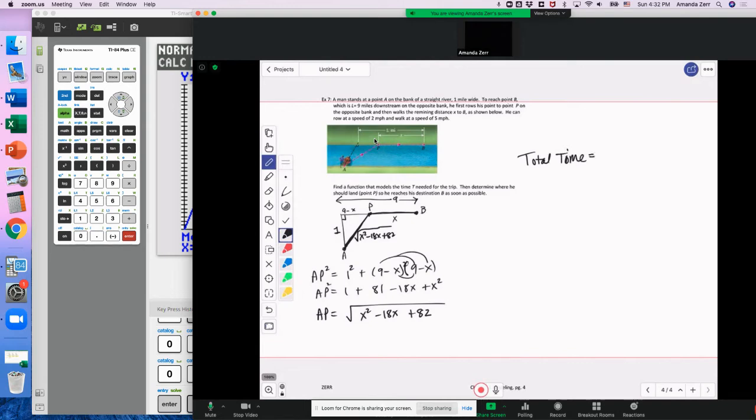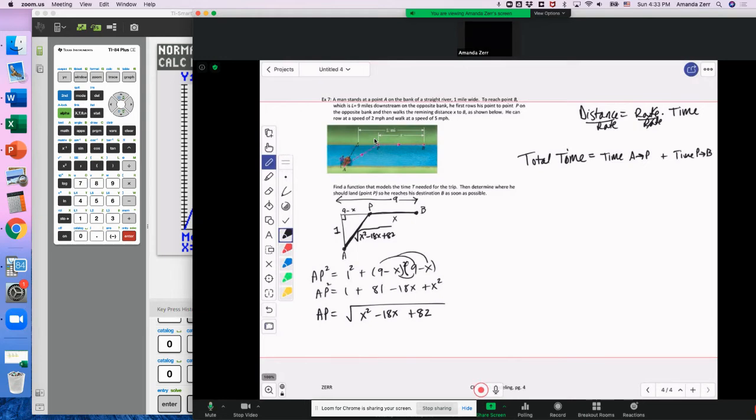Distance equals rate times time. So if I divide both of these by rate, I can come up with a time from A to P and then plus the time from P to B.